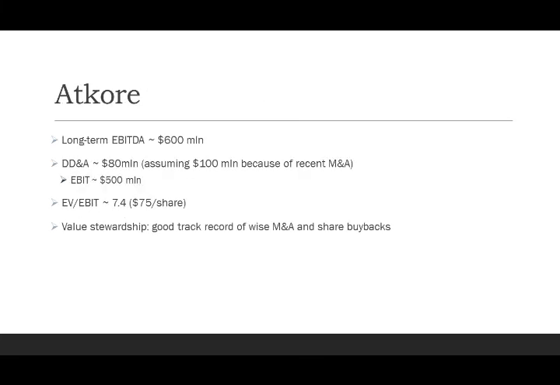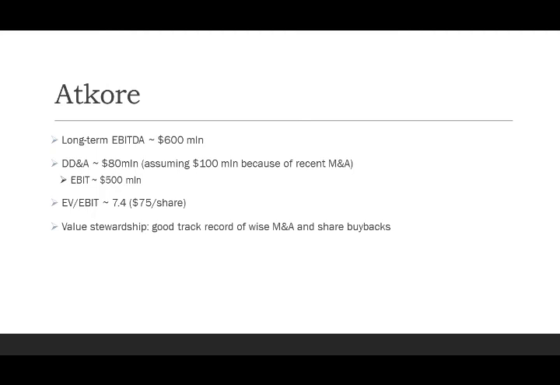Next is my favorite stock, Adcore. The management gave guidance for long-term EBITDA of about $600 million per year. Its recent trailing 12-month DD&A is about $80 million, and we can assume it'll be $100 million because of recent mergers and acquisitions.